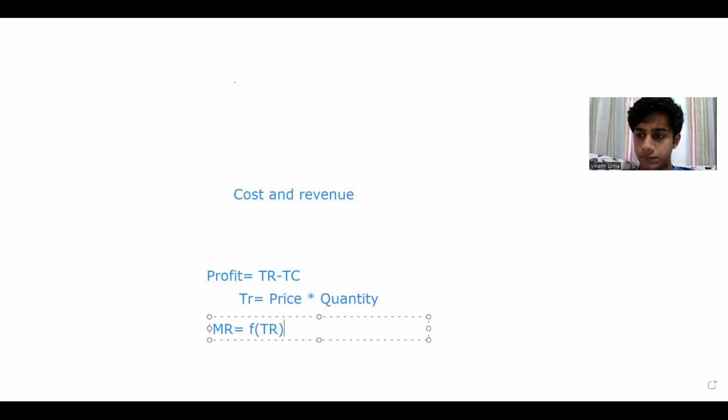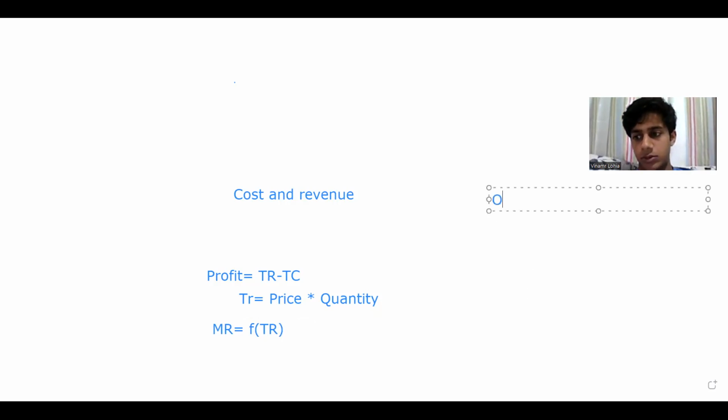And the next concept is opportunity cost as well. Have we studied the concept of opportunity cost earlier? No. Okay. Opportunity cost is just the choices that we make in choosing a product.